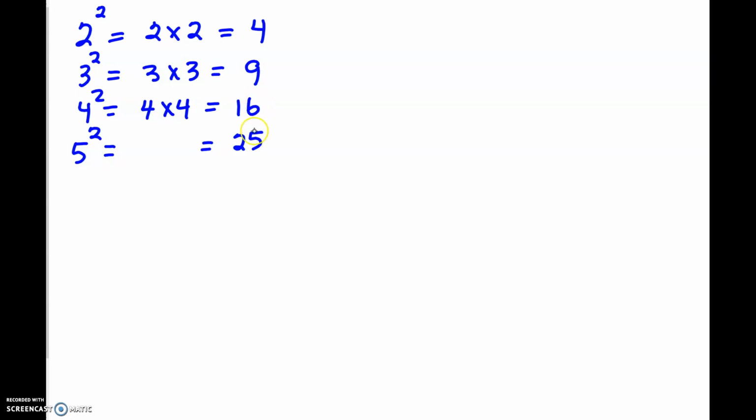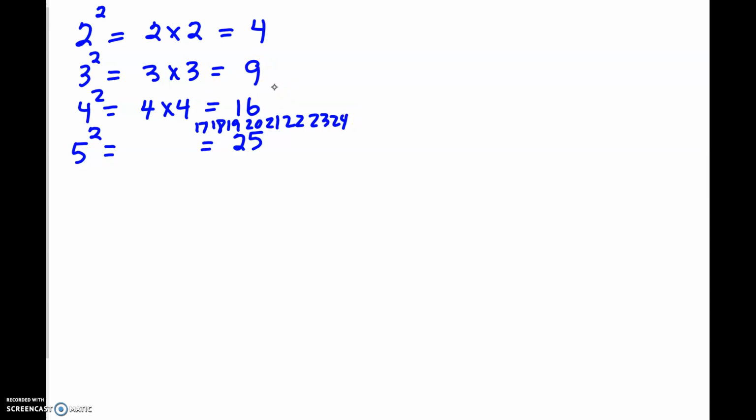Now, all of these numbers between 16 and 25, like 17, 18, 19, 20, 21, 22, 23, 24, are not perfect squares. You cannot take a whole number, multiply it by itself, and get any one of these numbers. Same thing between 10, 11, 12, 13, 14, 15.